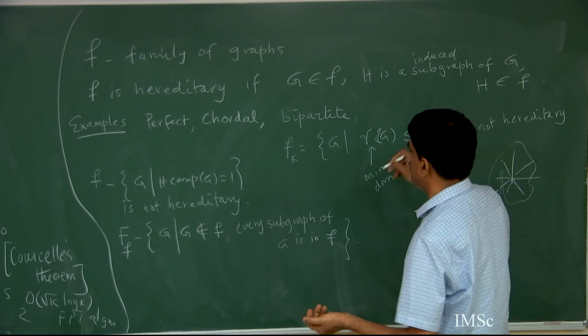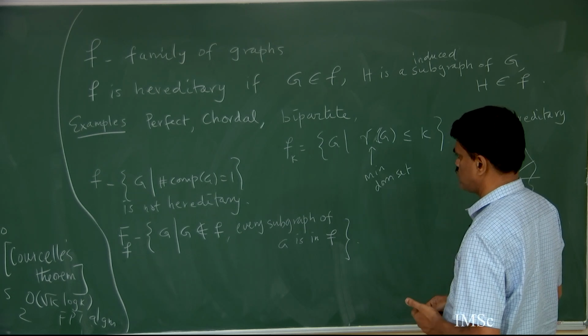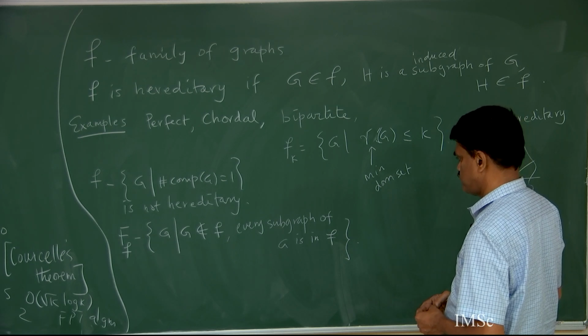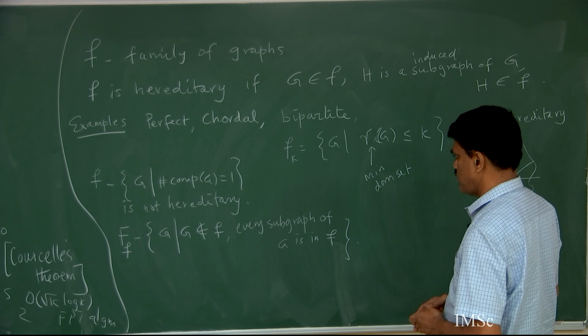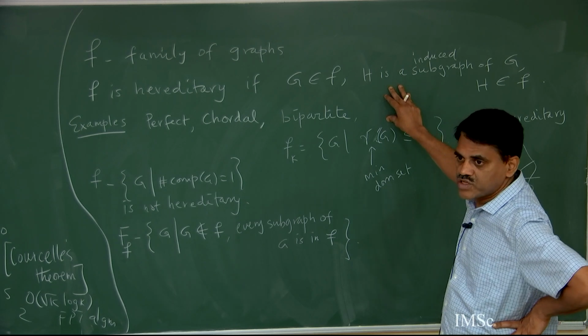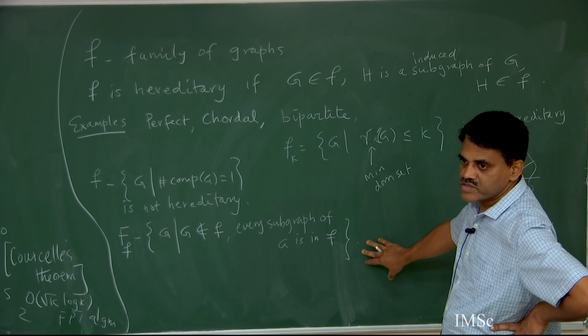Oh, yeah, bipartite. So, for example, if F is the collection of all bipartite graphs, then what would be this forbidden set?